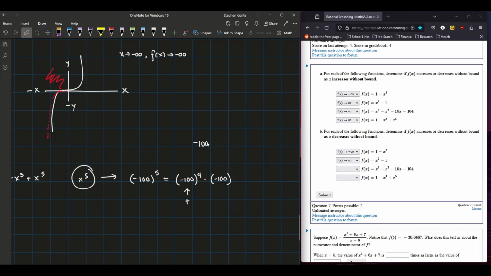It's negative 100 squared times negative 100 squared, which are both positive because a negative times a negative is a positive. And then we're multiplying that by another negative. So this is going to be a really large negative number, right? So what does that mean? So as x tends towards negative infinity, then f of x is going to go towards negative infinity because it's a very large negative number.